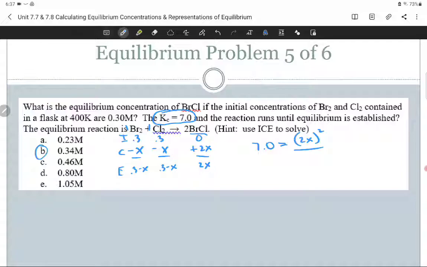And then on the bottom we have 0.3 minus x times 0.3 minus x, which is really 0.3 minus x squared. And I think we've had a question similar to this before. Take the square root of everything and rearrange to get x by itself. And when you do that, you'll get that.